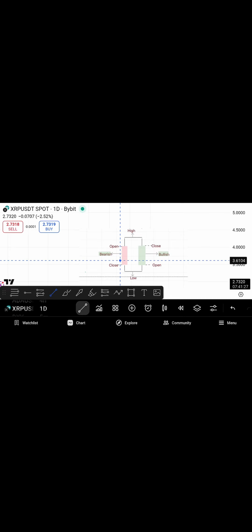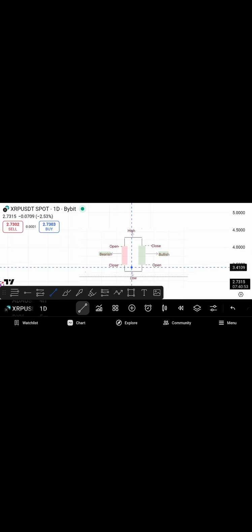Then the next thing is what we call the bearish candlestick. A bearish candlestick is a sell candlestick. It opens from up, it starts from up because it is sell. When it finishes its time, like when this candlestick finishes its daily time frame, or hourly, or minute time frame that you set on your chart, it will close and open another one.